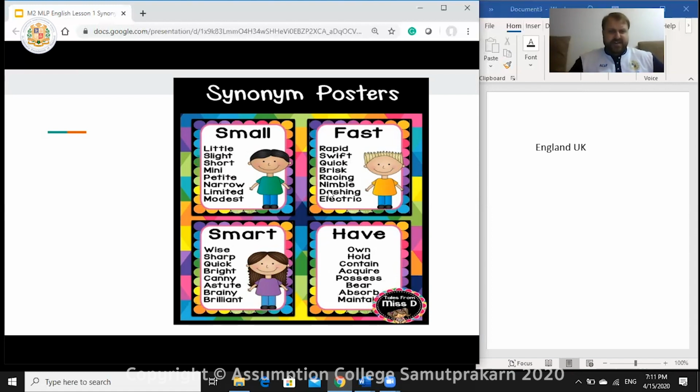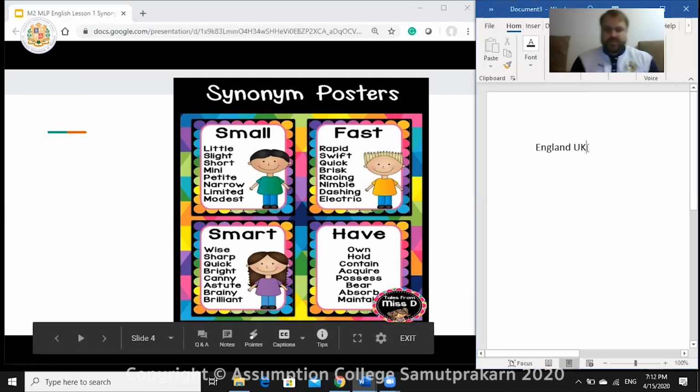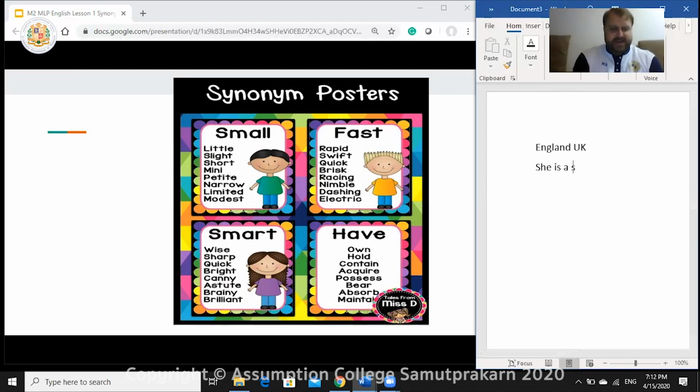Well, let's have a look. Slight means maybe like skinny, somebody who is not fat, the opposite of fat, very, very slim. You might say, she is a slight girl.